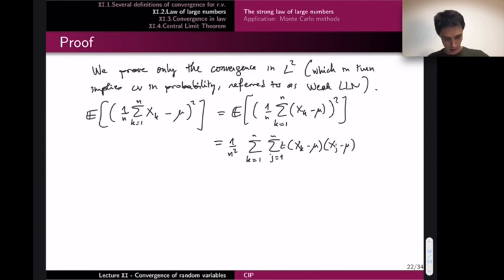I'm developing the square. Before this, the sum was inside the expectation. That's a finite sum, so now I take it outside the expectation. And I know that this expectation here is equal to 0.